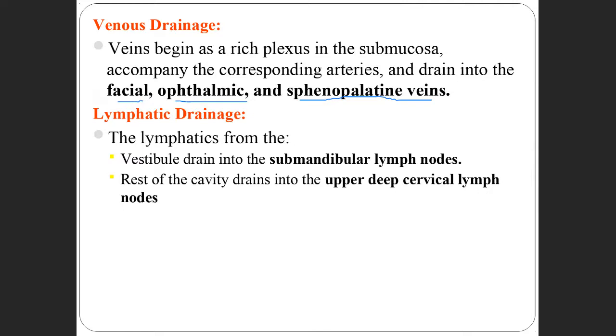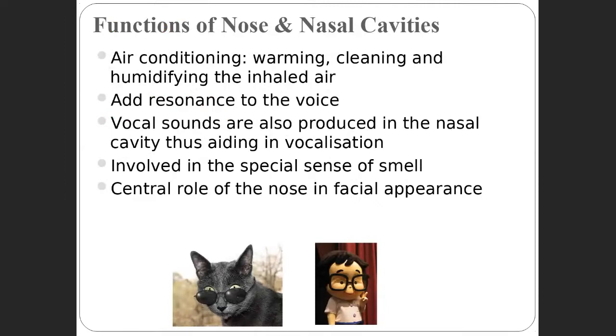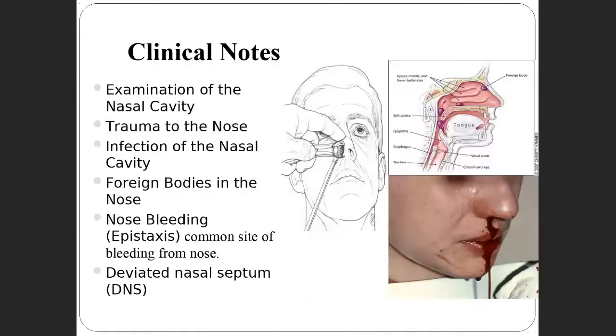For the lymphatic drainage, the vestibule of the nasal cavity drains into the submandibular lymph nodes, and the rest of the nasal cavity drains into the upper deep cervical lymph nodes. So these are the functions; you just revise.